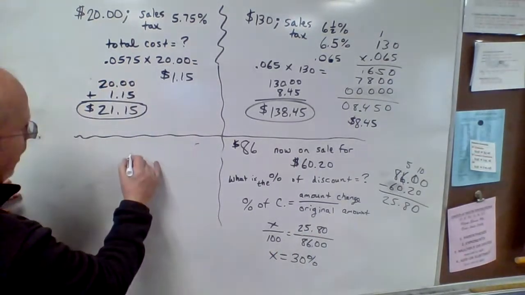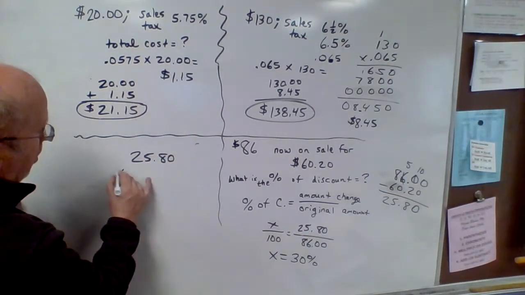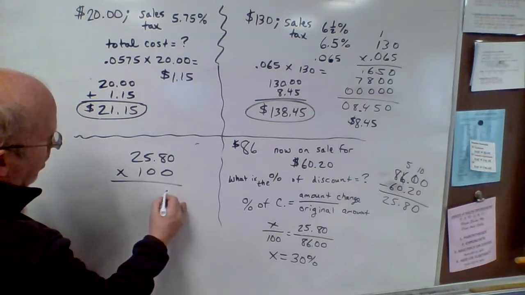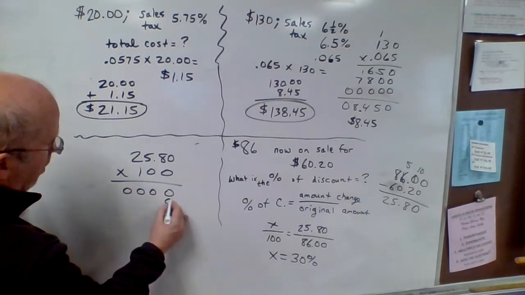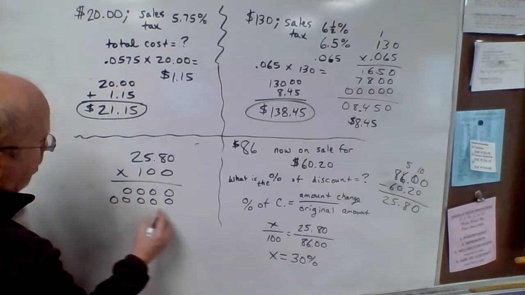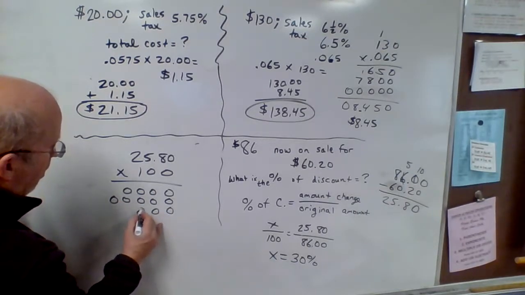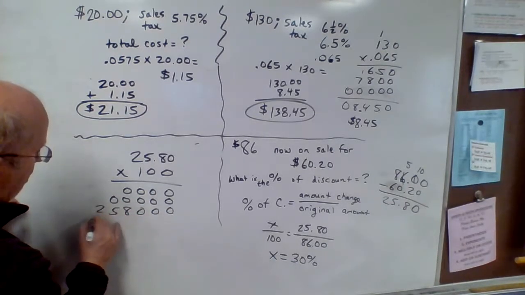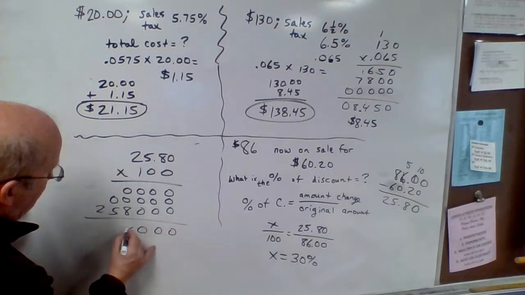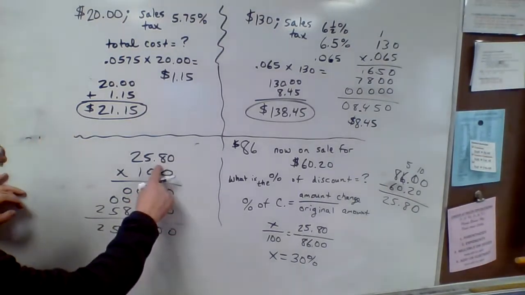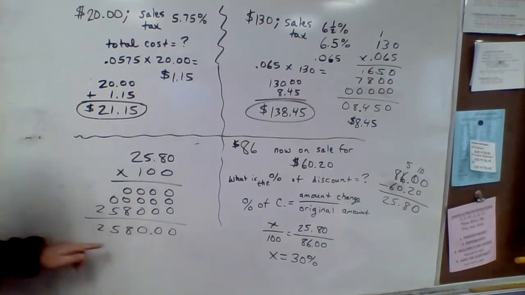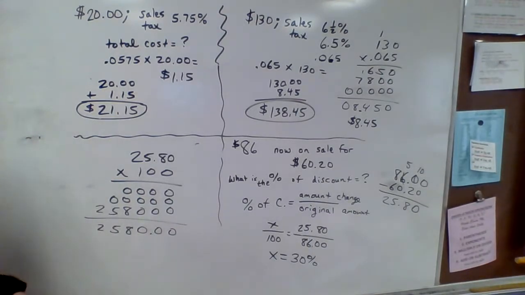25.80 times 100 equals, two decimal places, 2,580.